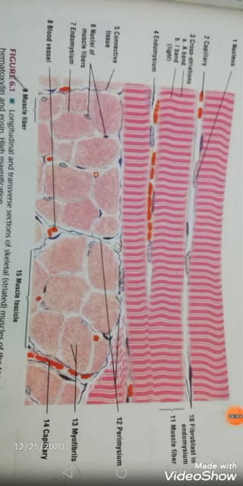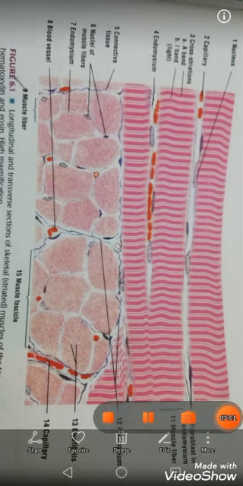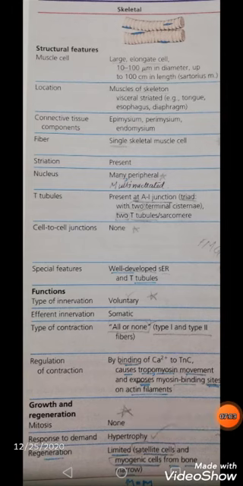Now you can see in the picture that the cross-striations are very visible in the longitudinal section of the skeletal muscle, and below you can see the transverse section in which peripheral nuclei are also present around the muscle cell. And if you want to look at a chart form of the skeletal muscle, you can write the parameters on the left, like muscle cell.